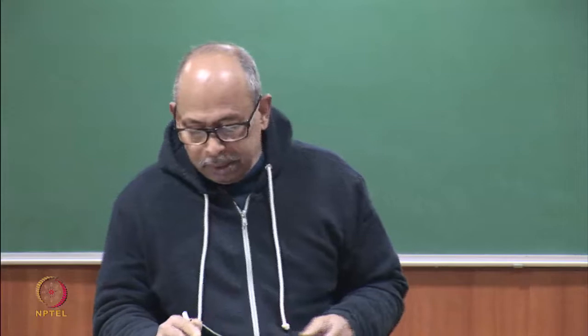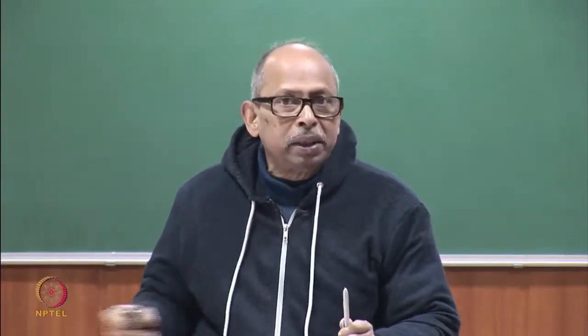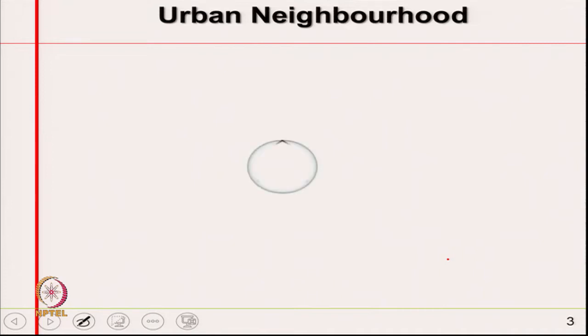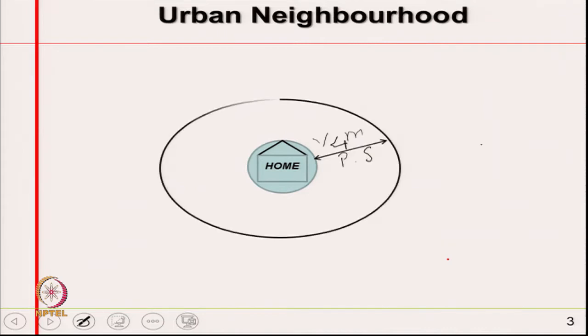This is one issue which we will look into. The main focal point of such neighborhood plans was essentially the primary school, because from home the primary school should be about 1/4 of a mile, that was his concept, which would mean around 0.8 kilometers. PS stands for primary school, and children should be able to walk on their own and reach there.